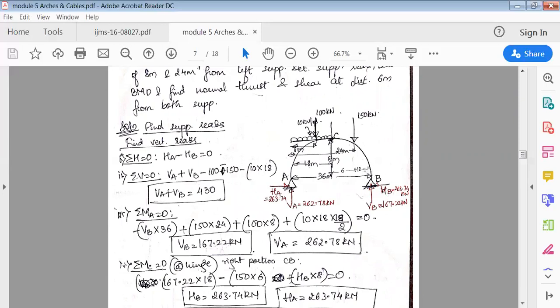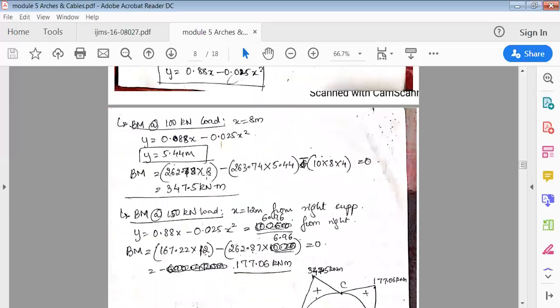Now before this, first we'll find out, this is acting at x is 12 meter. Let's check at what height this is placed. How much is this height? We have again used the equation, where x is 12 meter, so let us find out y. Put it back in the equation and be careful: x is 12 meter from the right support, so you have to mark it properly.